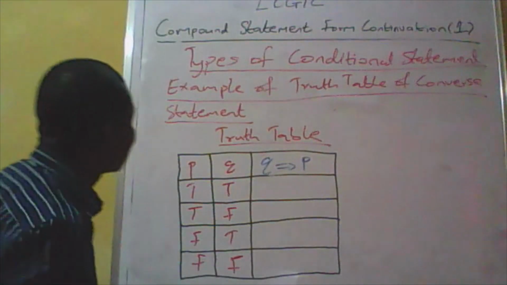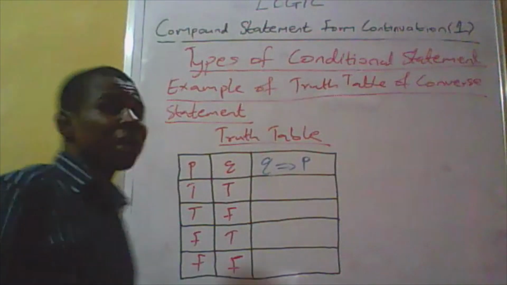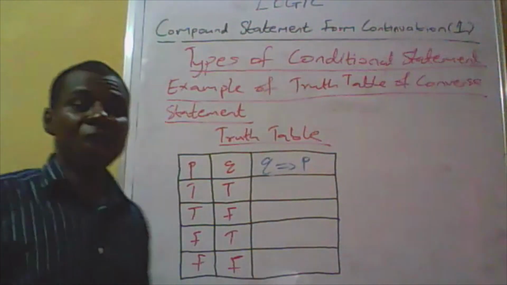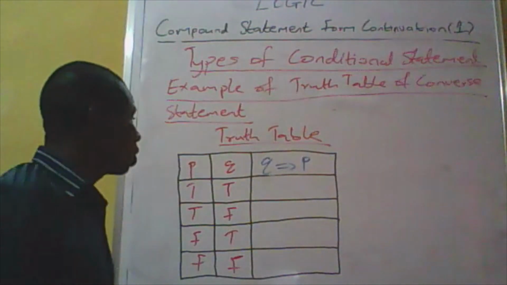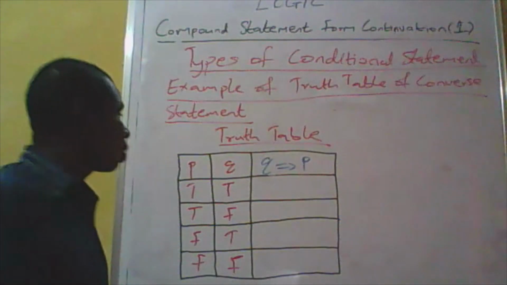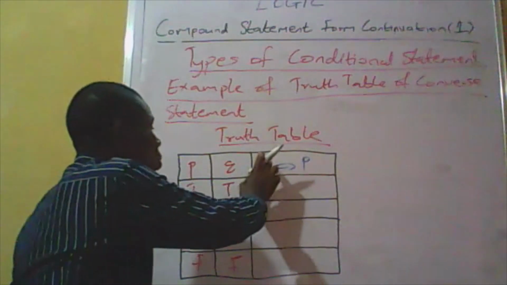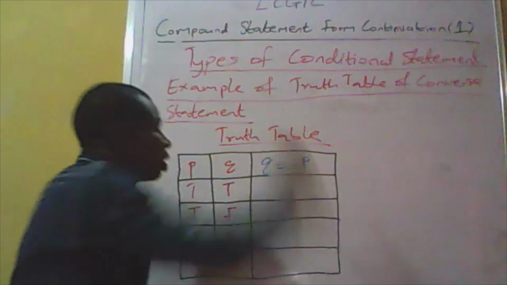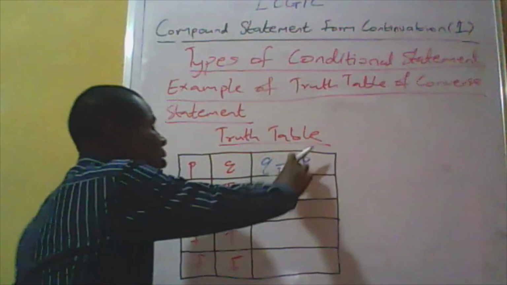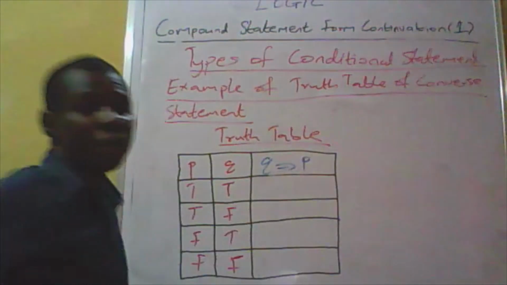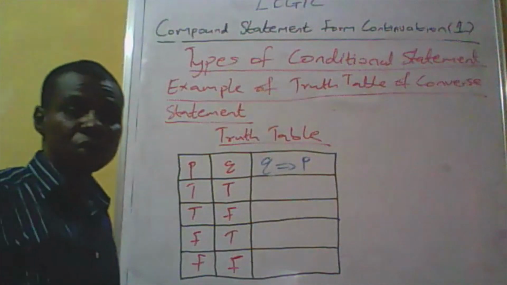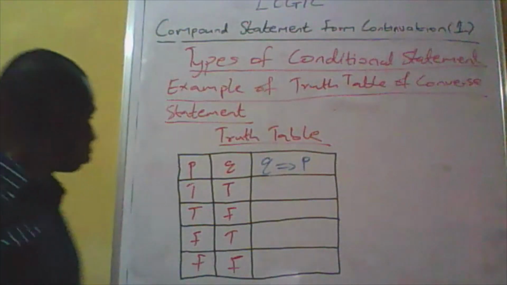Then we know that we can only have false in this statement when I assign Q to T and assign P to F. That is when we're going to have a false valuation.